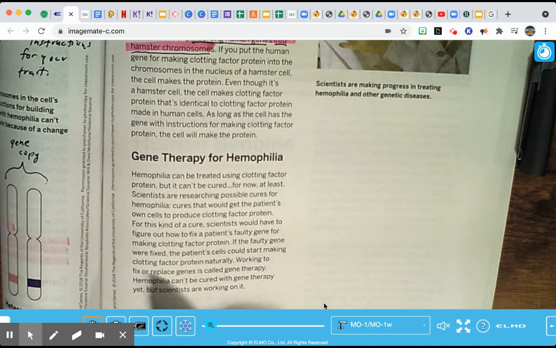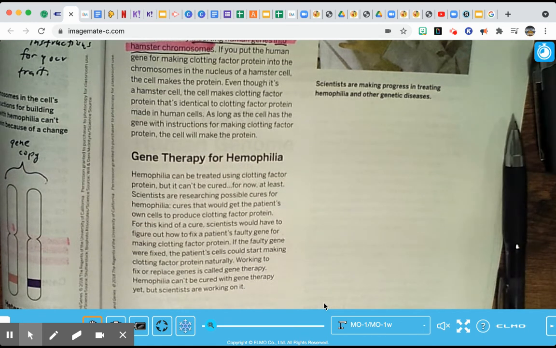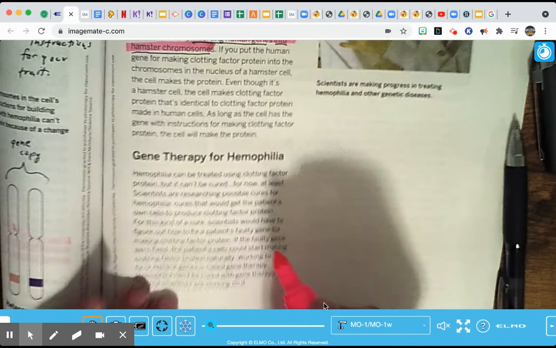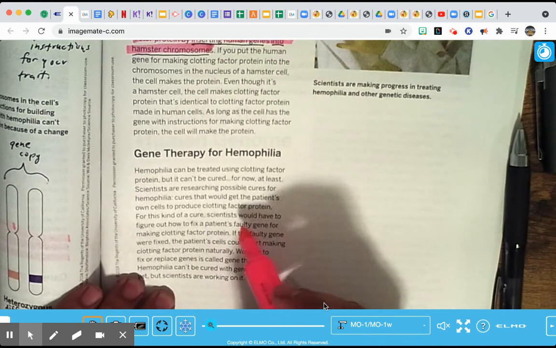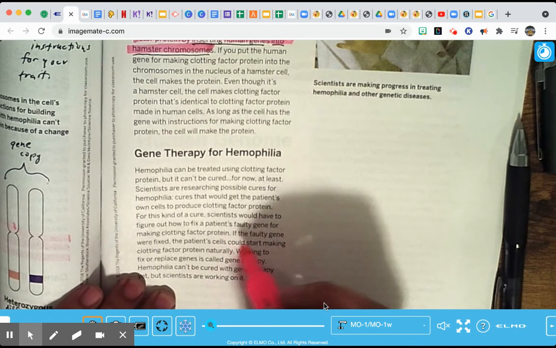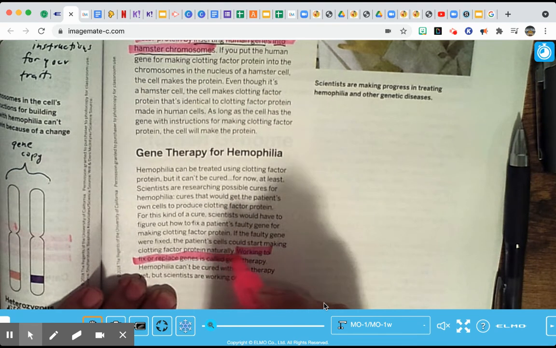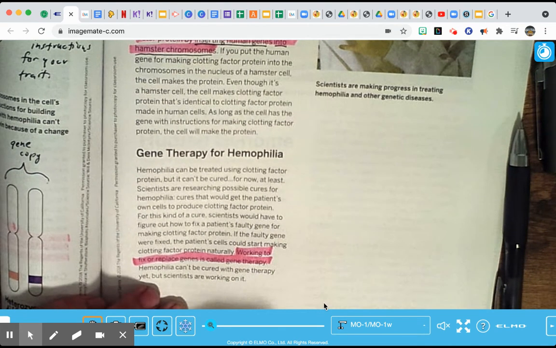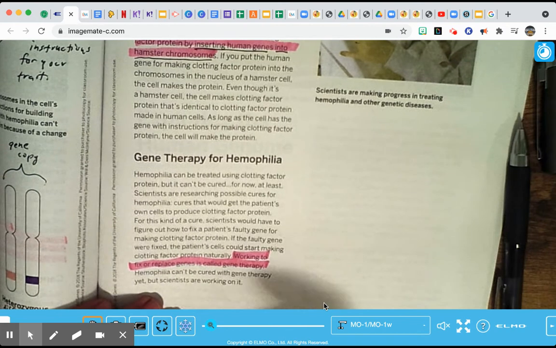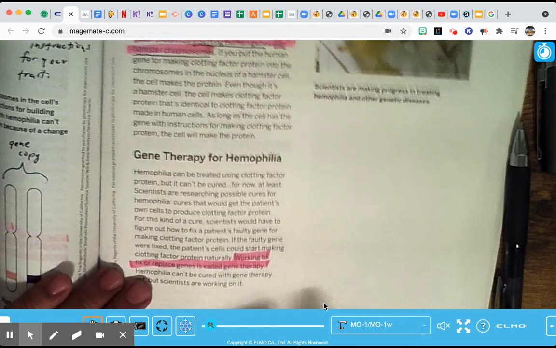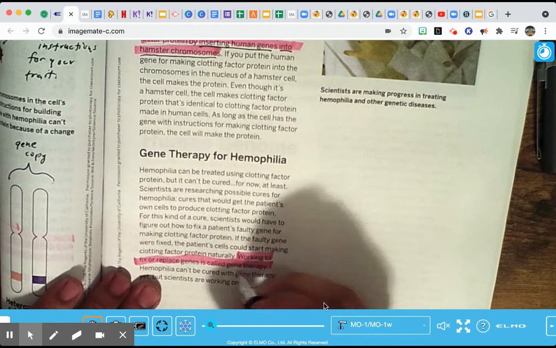Working to fix or replace genes is called gene therapy. Gene therapy. I think that's what's important here. Working to fix or replace genes is called gene therapy. And it says here it can't be cured yet.